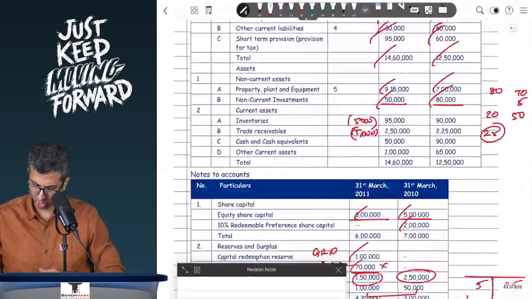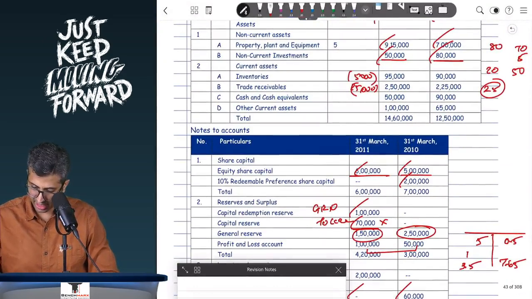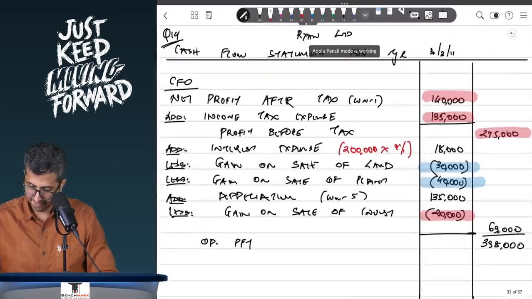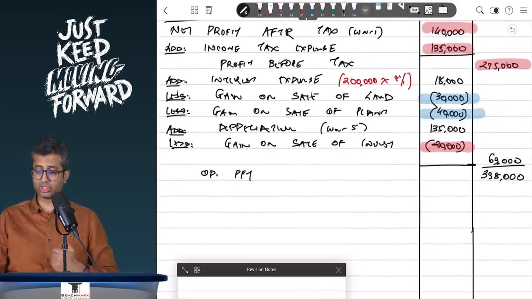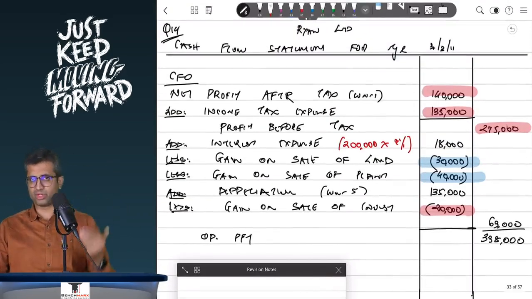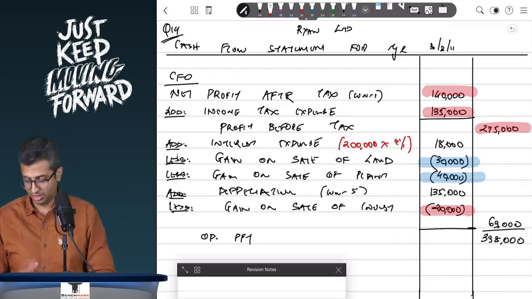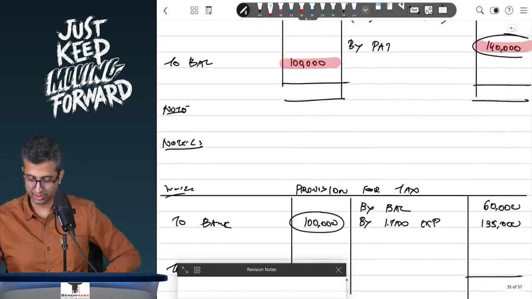No, we'll assume it is operating in nature, again like prepaid expenses, and hence if there is an increase of 35,000 we will deduct. So 5, 25, 35. You will have 5, 25, 35, and that is about it. So there are a lot of adjustments over here, but if you give those adjustments properly, hopefully your cash flow statement should reconcile.